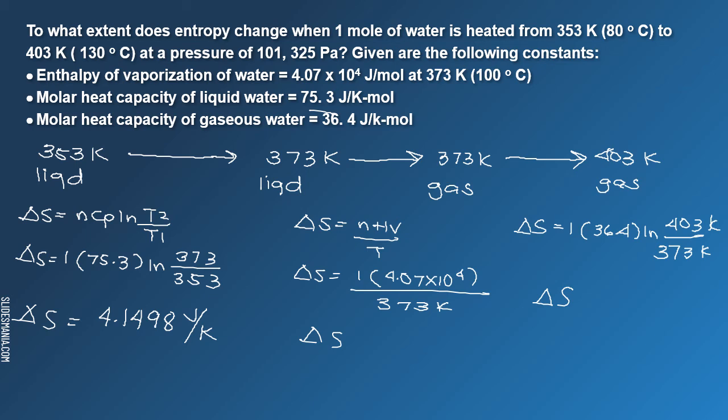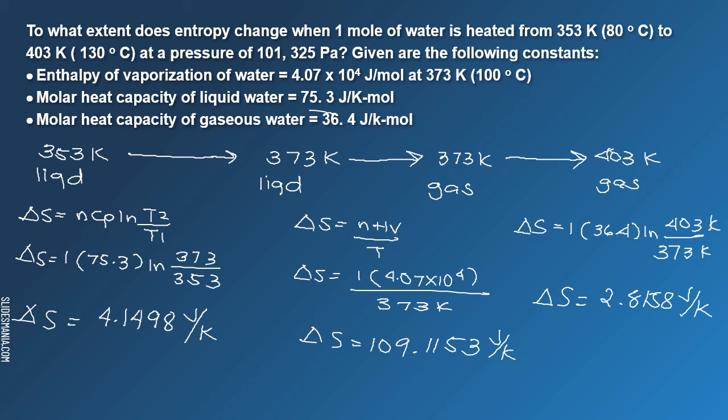So that is 109.1153 joules per Kelvin. And for our last change, delta S will be equal to 2.8158 joules per Kelvin.